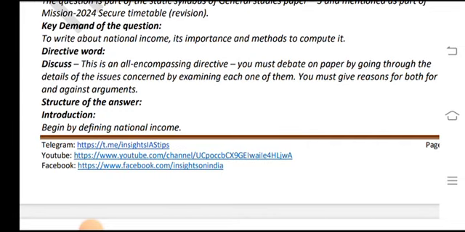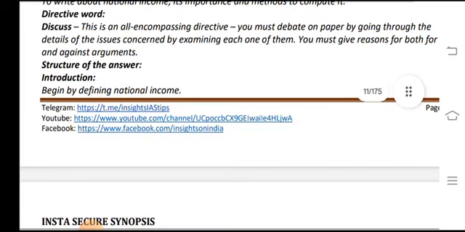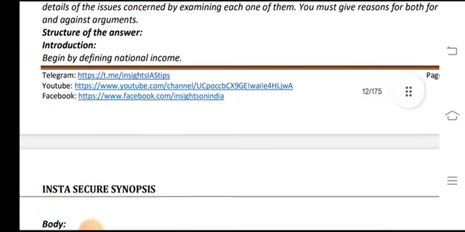The directive is to discuss, which encompasses all of this: you must debate on paper by going through the details of the issues and concerns, examining each of them, and you must give reasons both for and against the argument.